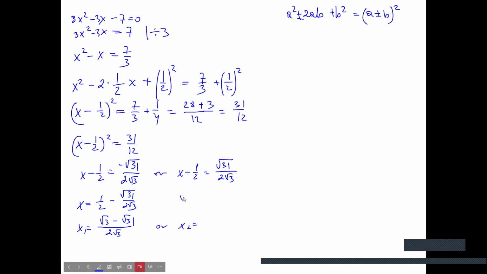Then, let's do it here. 1 over 2 plus, so what I have, 2 square roots of 3. And here I have square root of 3 plus, okay, let's calculate that.